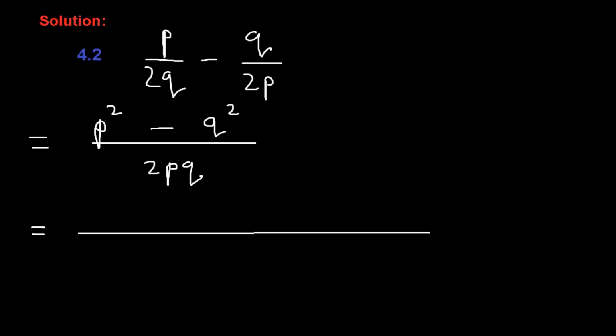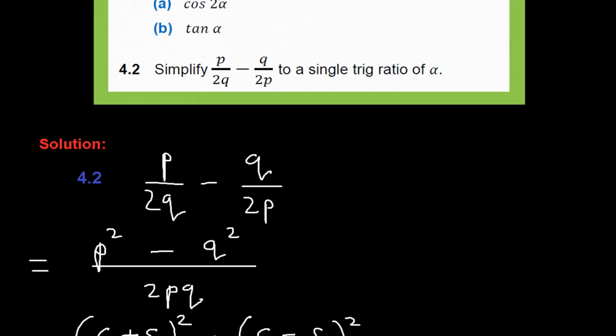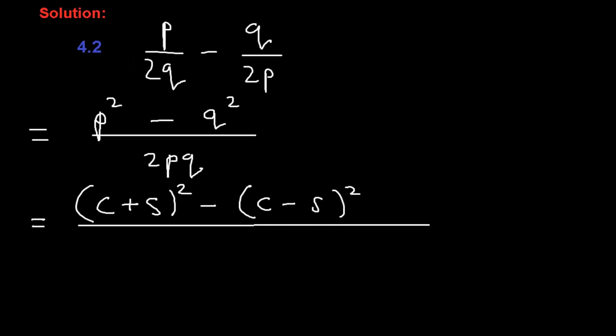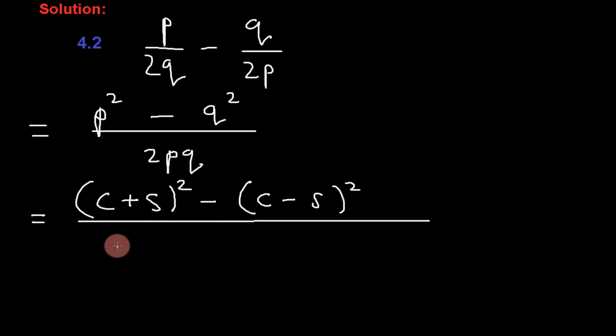So then P squared will be C plus S all squared. And Q squared will be C minus S all squared. Remember that Q is cos alpha minus sine alpha. This is all over 2PQ. So 2 and P we said is C plus S. Q is C minus S.